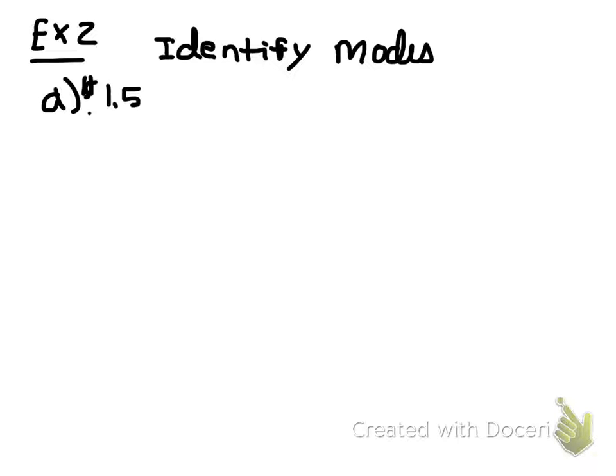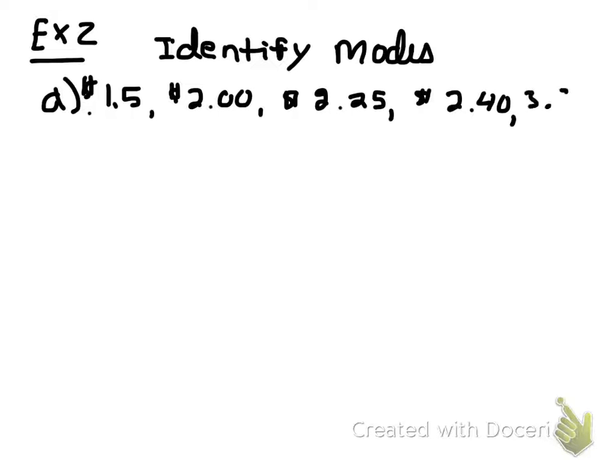So $1.50, $2, $2.25, $2.40, $3.50, and $4. So now the question is, is there a mode, and what is it?